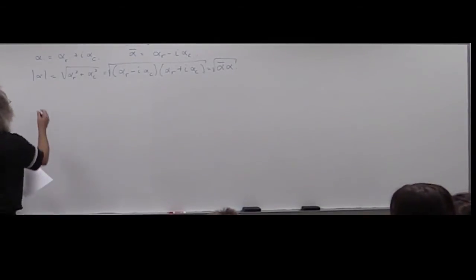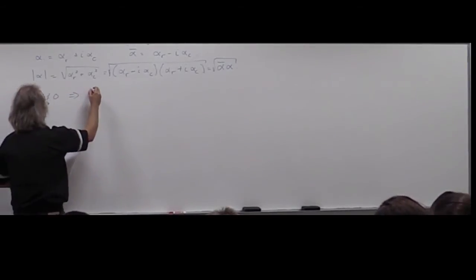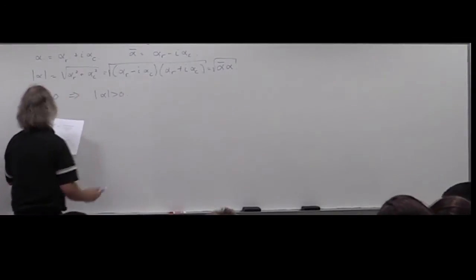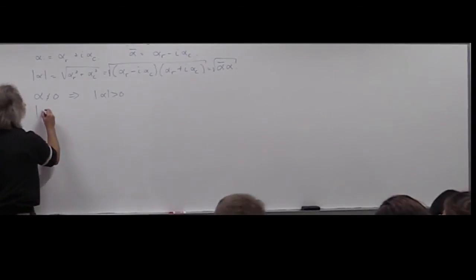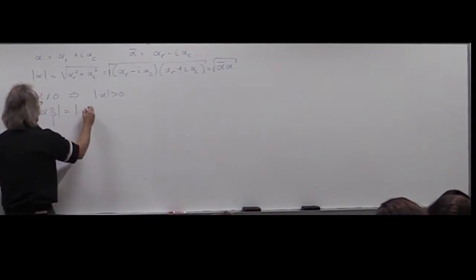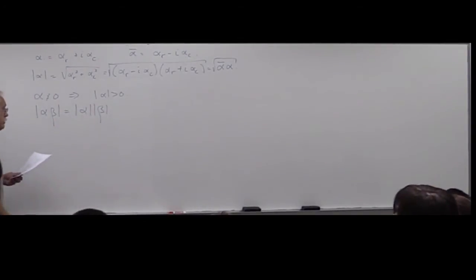And the important thing is that if alpha is not equal to 0, then we know that the absolute value of alpha is greater than 0, which is known as the positive definite condition. We know that if we multiply two complex numbers and take the absolute value, you can take the absolute value of the complex numbers first.